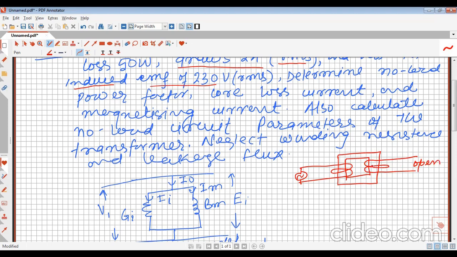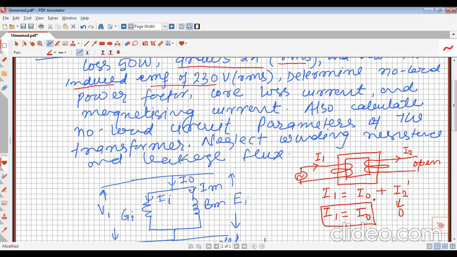So when this side is open, whatever current is coming from the primary side, that is I1, is equal to I naught plus I2 dash. This is our secondary current, but here secondary current is 0. So I2 dash will also be 0. This I2 dash is called secondary current referred to primary side. So the transformer will draw only primary current, which is equal to no load current I naught.